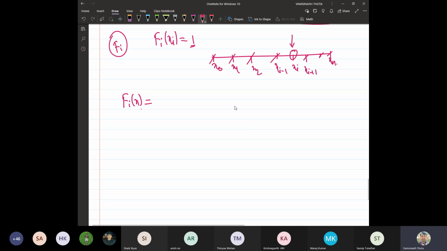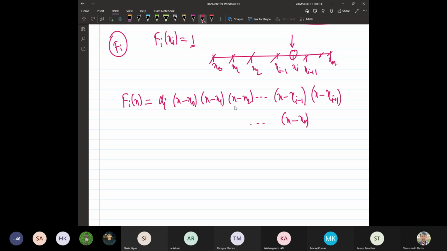So it is simply alpha_i, a constant, times x minus x0, x minus x1, x minus x2, and so on, x minus x_{i-1}, x minus x_{i+1}, and so on, x minus x_n. For simplicity, let me write at least two polynomials.